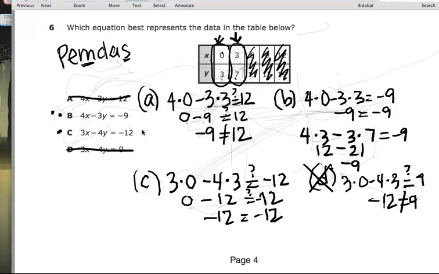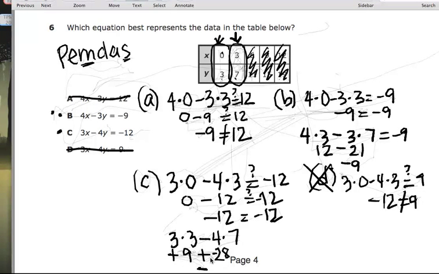Okay? Moving on to answer choice C, but using the second ordered pair now. 3 times 3 minus 4 times 7. 3 times 3 is 9. 4 times 7 is 28. 9 minus 28, well, I only have 9, so my answer is going to be negative. And what I think about when I do this is I'm going to turn all of these signs, okay?